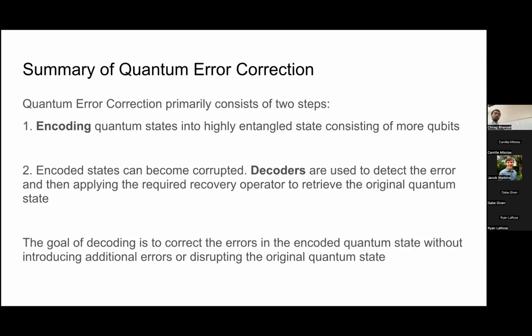So in brief summary, you first encode quantum states into highly entangled states consisting of more qubits, and after that errors can still occur. Some of the encoded states become corrupted, so that's why we use decoders to detect the error and then apply the required recovery operator to retrieve the original quantum state. That's basically what's happening in quantum error correction. Any questions so far?